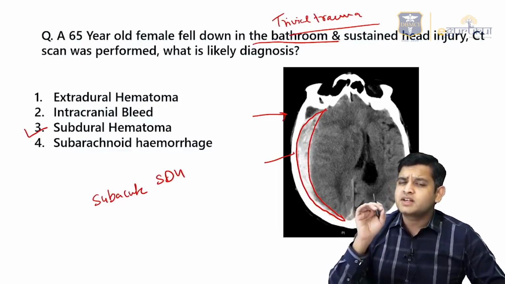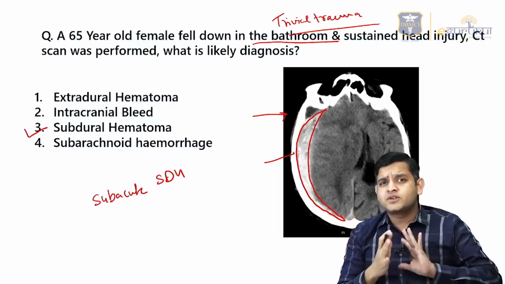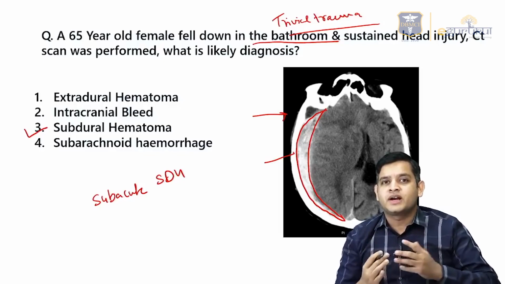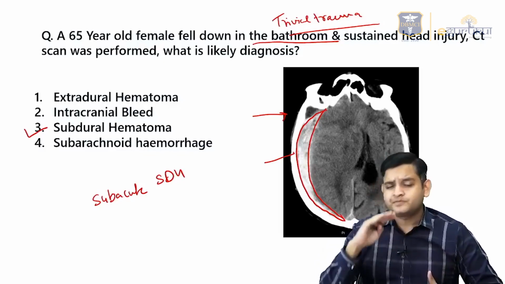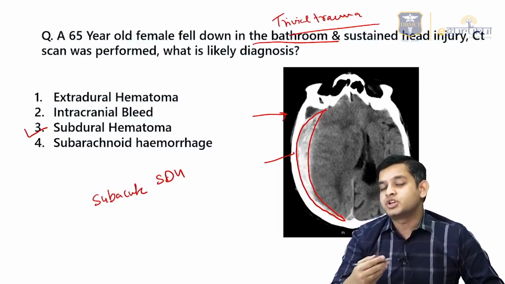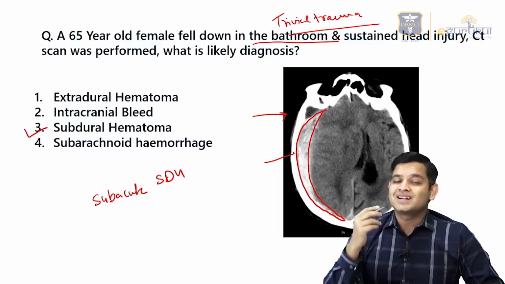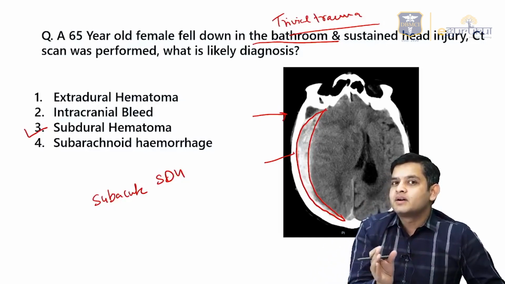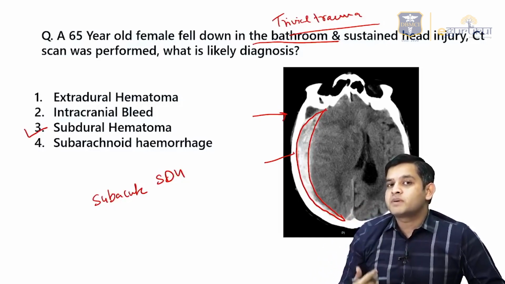So whenever there is a trivial trauma, and there is a history that the patient is taking some aspirin or some anticoagulant, which makes the patient prone to bleeding issues, then think that they are talking of subdural hemorrhage, and depending on the timing and the density, you can pick up an answer.